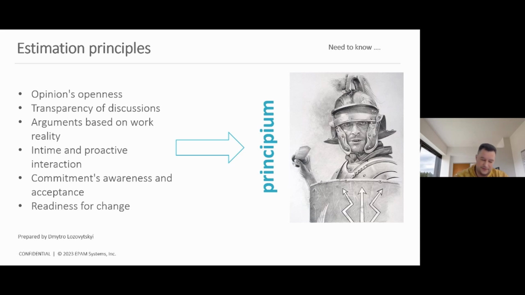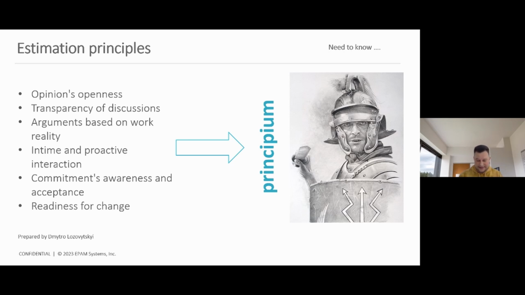Transparency. The next principle is transparency of discussion. I saw a lot of young teams, with not so experienced people, where somebody, maybe a group of people inside the team, just presents their opinion in a very pushy manner, saying that this opinion is the only right one, etc. No, transparency of discussions means that everyone could criticize, but in a constructive manner, everyone.